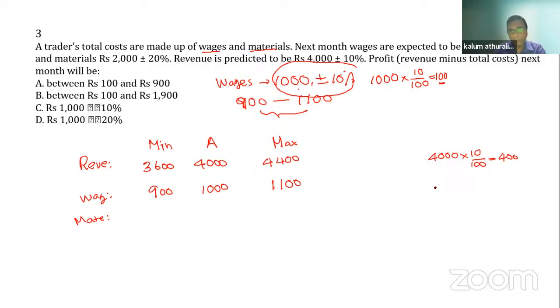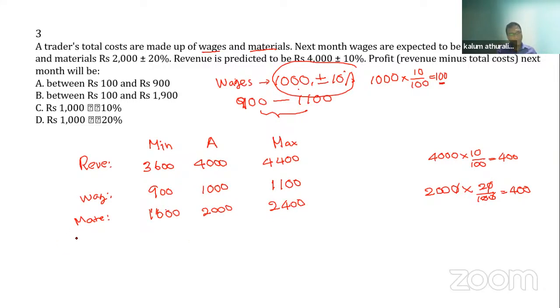It should be 2,000 plus or minus 20. We take 20% of that value. It is also 400. Then what is the minimum? The average value is 2,000. Then minimum value of the material is 1,600. Maximum should be 2,400.